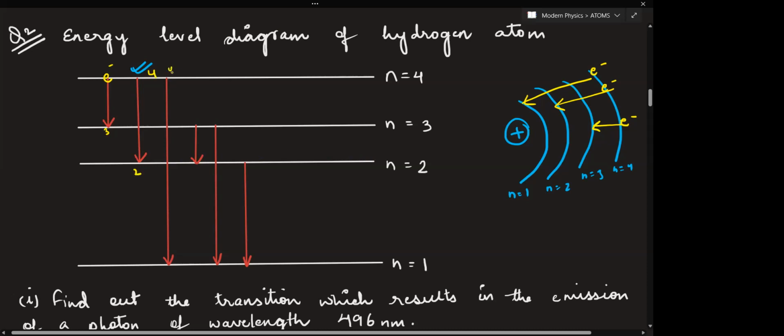This is from the fourth one to the ground state. So that's why only this wavelength that I've marked with blue color indicates the transition from the fourth level to the second level. Is it clear now? Yes, ma'am. Okay, so note down this question as well.